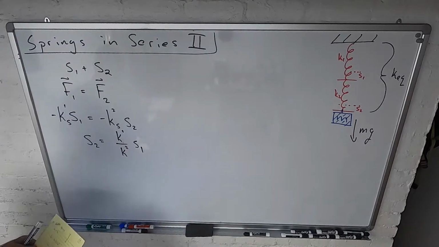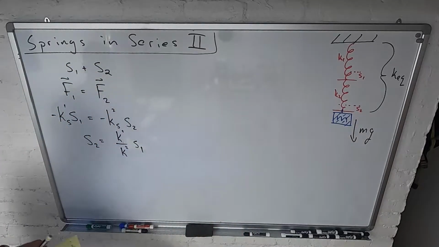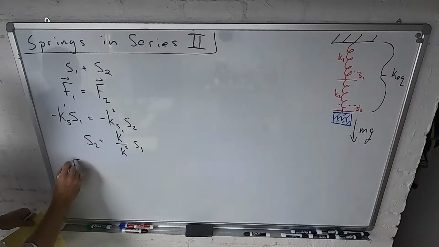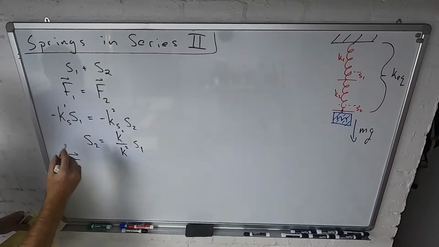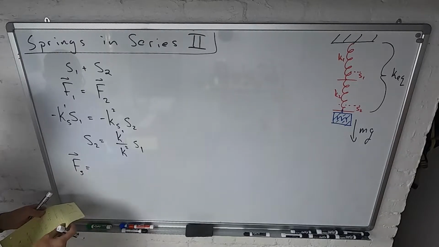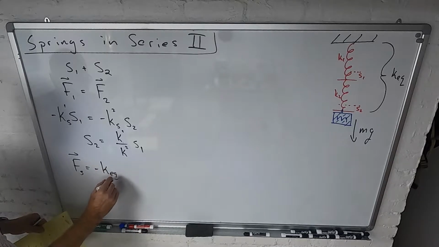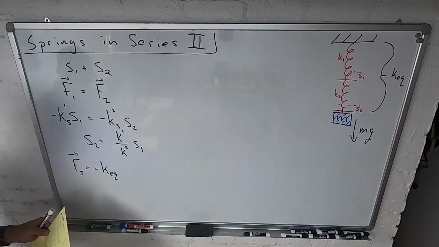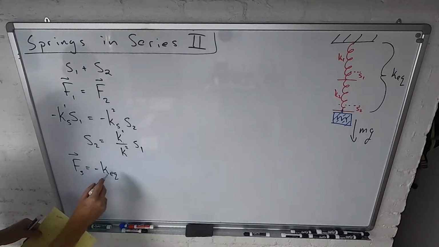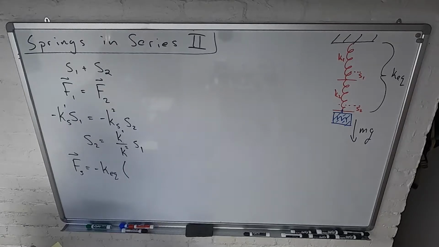Okay. So now if I think about the force on both springs together, I can write that relationship as the force on the equivalent spring, or the total of the two, I'll just call it F sub S, on the new spring that I've created, is minus K, and I'm going to call this the equivalent spring constant, K_eq, times the total stretch in the system.